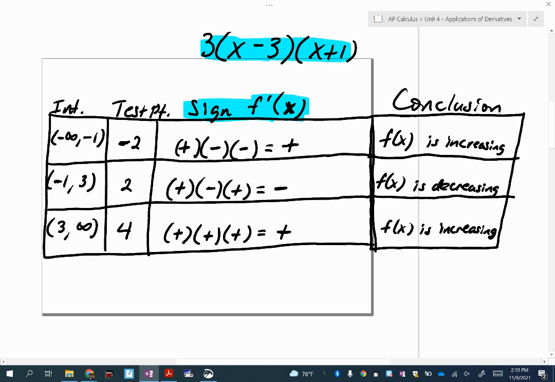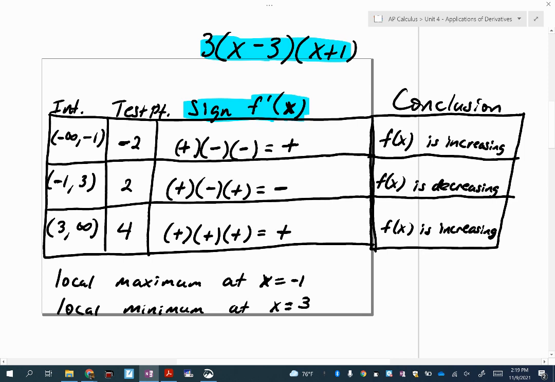At -1, since we're going from increasing to decreasing, we have a local maximum at x equals -1, and we have a local minimum, since we're going from decreasing to increasing, at x equals +3. I feel like this lesson is really just a solid continuation of the previous lesson.